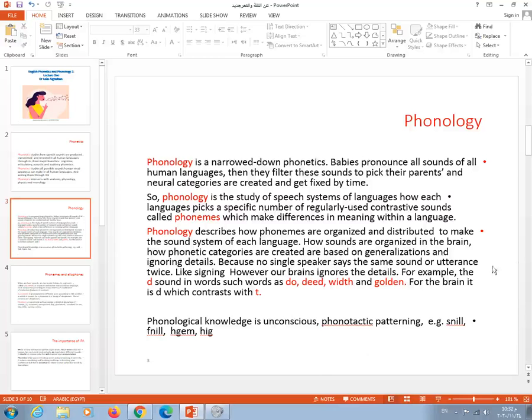For example, a word such as "snail," which is not existing in English right now, however, according to the phonology of the English language, this word could be a possible word in the future because it obeys the rules of consonant clusters and clustering consonants.